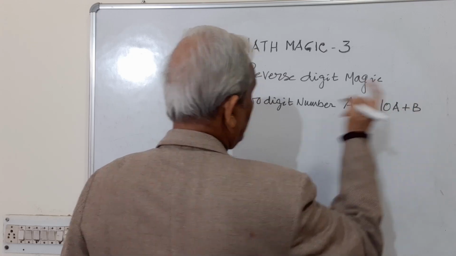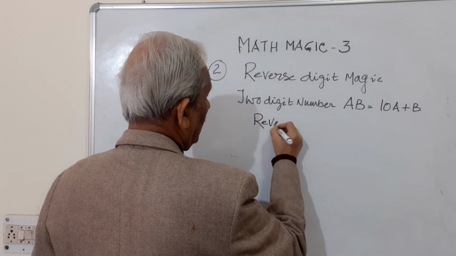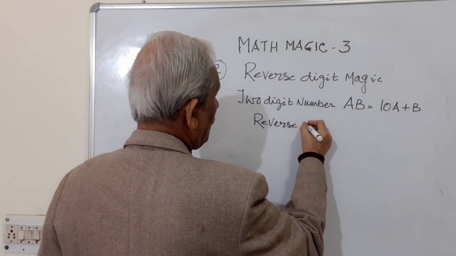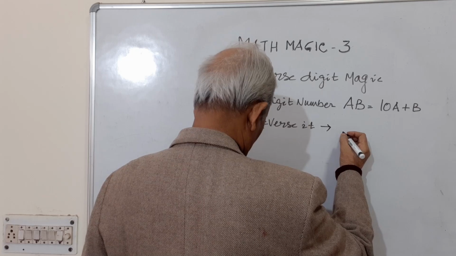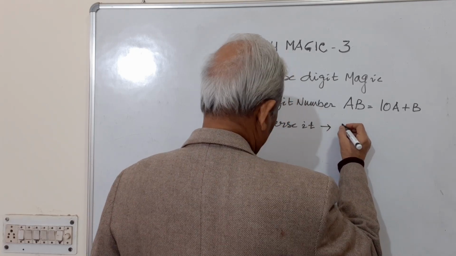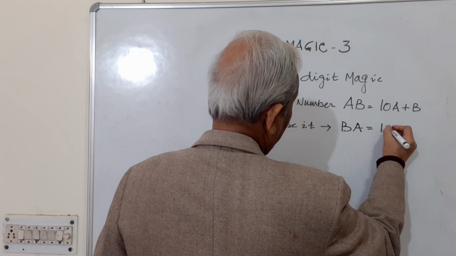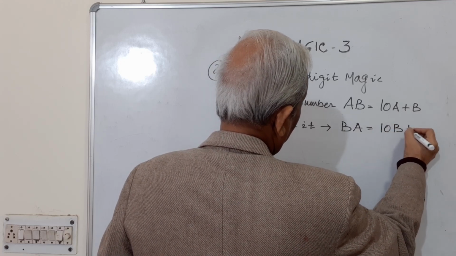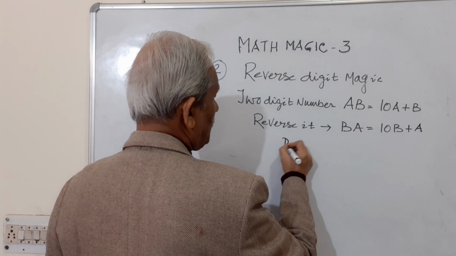So 10A plus B. Now reverse the number. Reverse it. When you reverse it, you get what? BA. And BA becomes 10B plus A. Okay? Now find out the difference between the two.